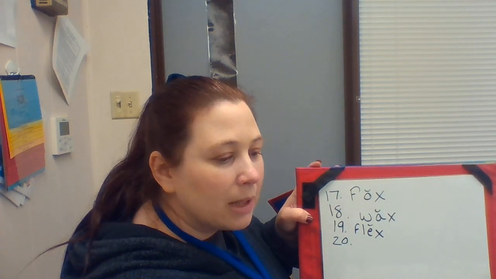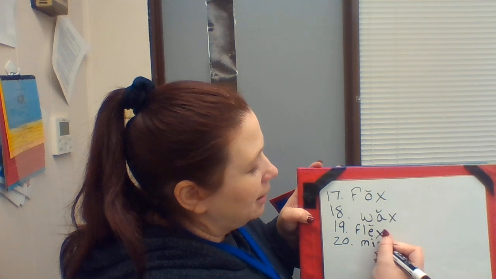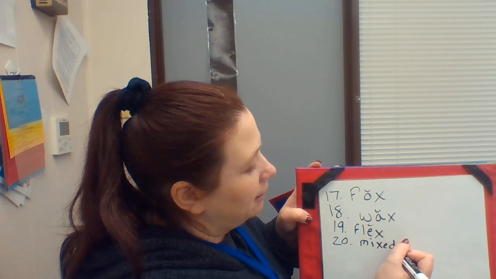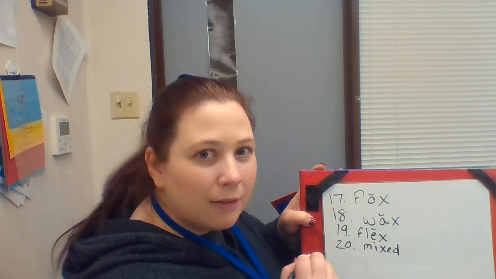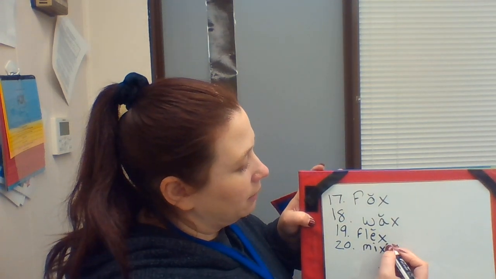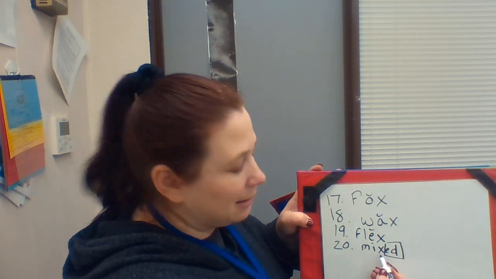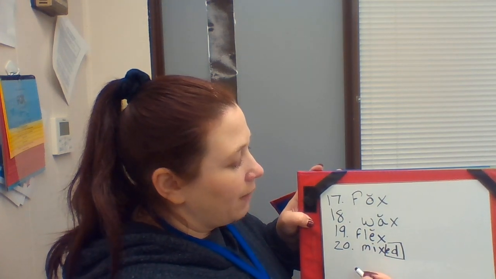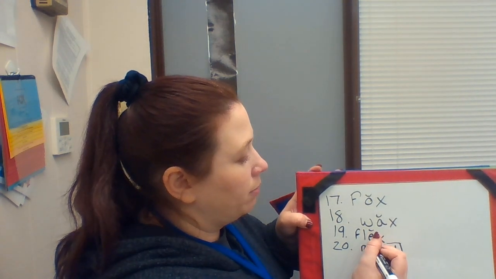Number 20, mixed. Again, we have that sound we were learning about. This does have an obvious suffix. We're going to put a box around our ed. Then we're going to look at mix. We're going to look at our vowel again in the middle. Mix. We're going to put a breve on the top of that.